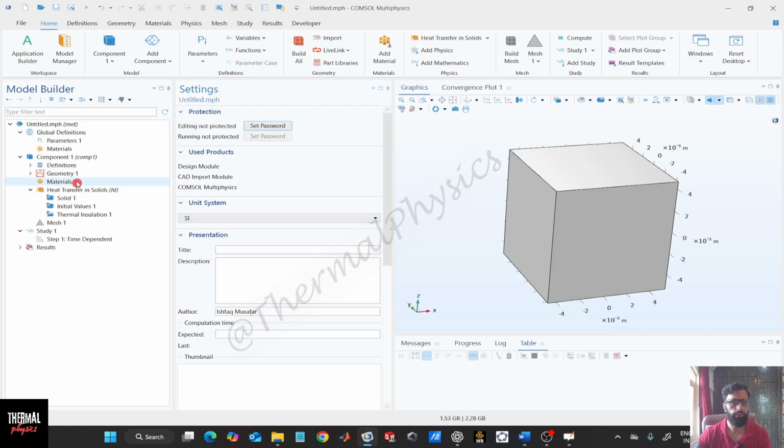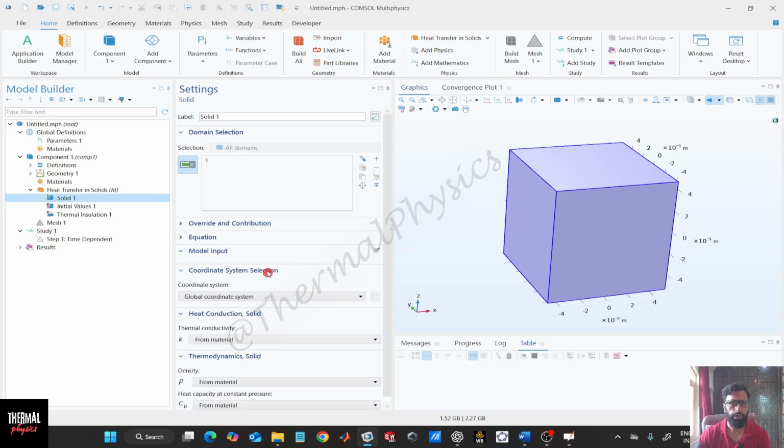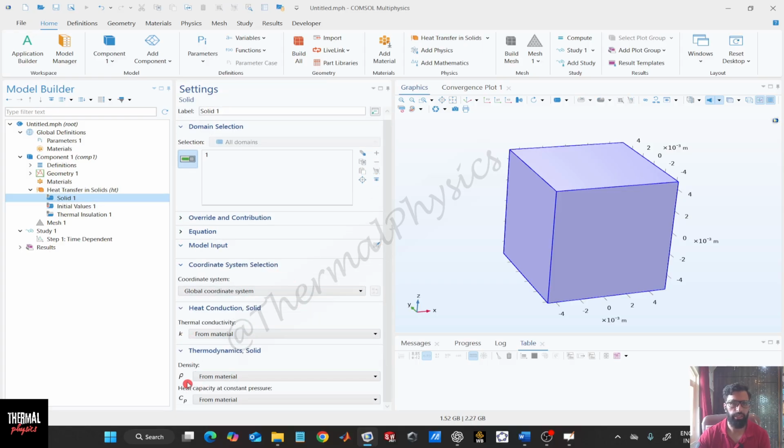After geometry we will leave material. We will define material properties directly inside here, as I have shown in the previous videos. If we have to define just a couple of properties, we can define them directly inside the physics. So first of all, we have solid. In the solid we have these properties k, rho, cp. For k we will choose user defined and a very high, large k.